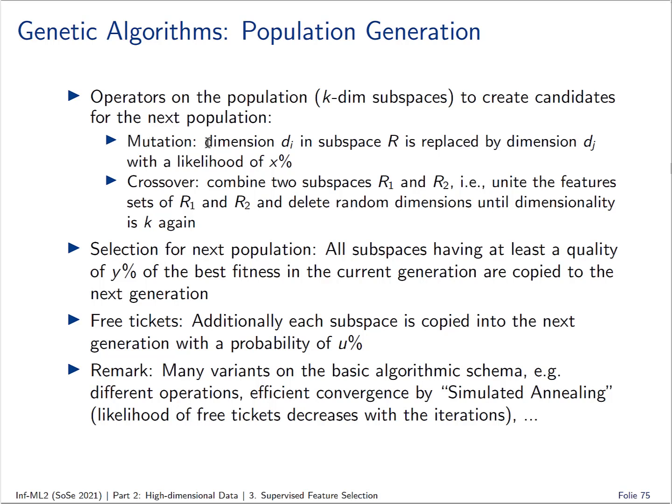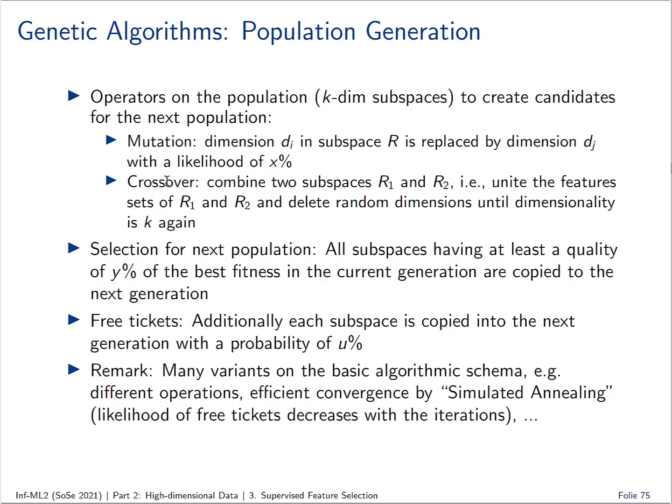That means a specific dimension, a specific feature in a subspace of the current population, is replaced by some other dimension with a likelihood of some percentage, and this replacement leads to a new candidate in the next population.